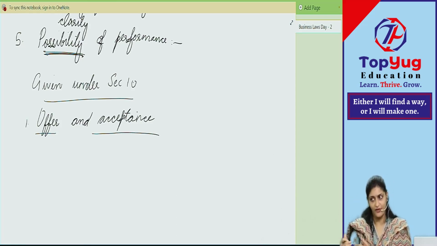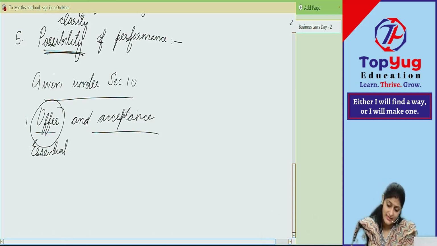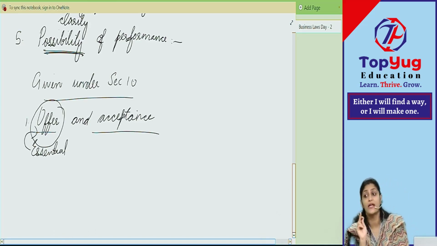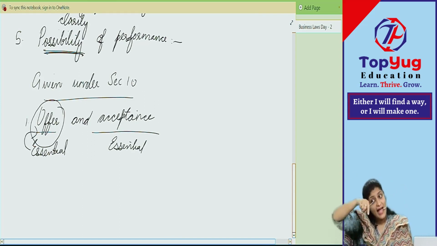Now we are going to further see when we are going to see offer. In offer also again you have essential elements of offer. If those essential elements are present in offer, then only it is considered to be a proper offer. Acceptance also again we will see what? Essential elements of acceptance.